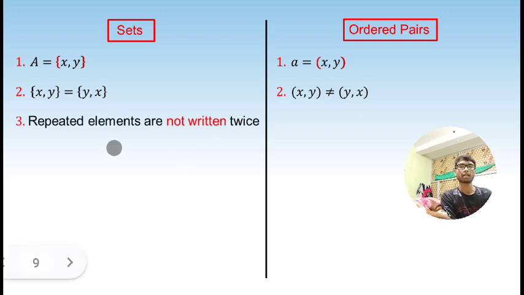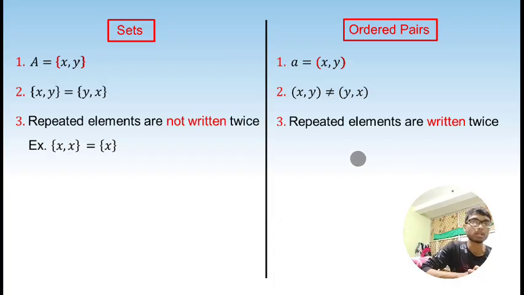Now, repeated elements are not written twice in a set. If repeated elements come, they will be written only one time. But in an ordered pair we can write repeated elements, here (x, x).